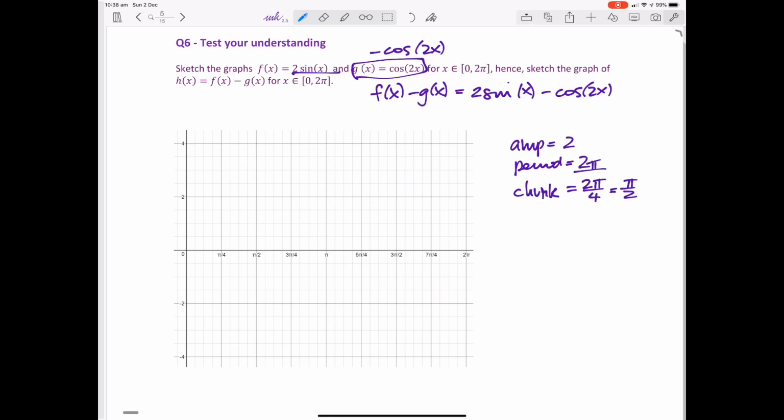Sine starts in the middle, and every quarter of the graph is pi on 2, so there's pi on 2, pi on 2, pi on 2, pi on 2. So there is my graph of 2 sine x. So that is f of x.